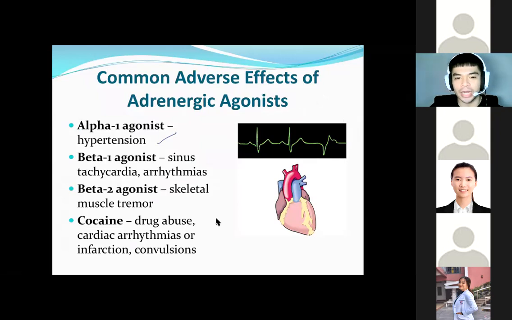Next, for beta-1 agonists naman, they can cause cardiac toxicity because puso ang target, like sinus tachycardia and arrhythmias. Beta-2 agonists can cause tremor of the muscle. So pwede manginig yung tao because of persistent contraction.